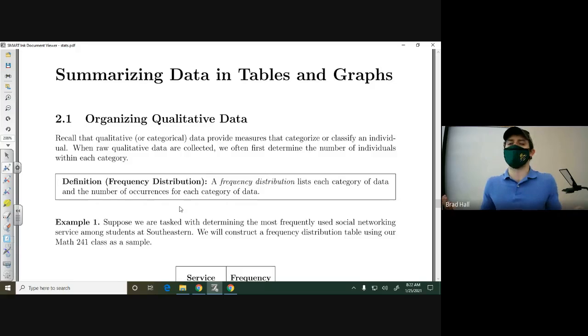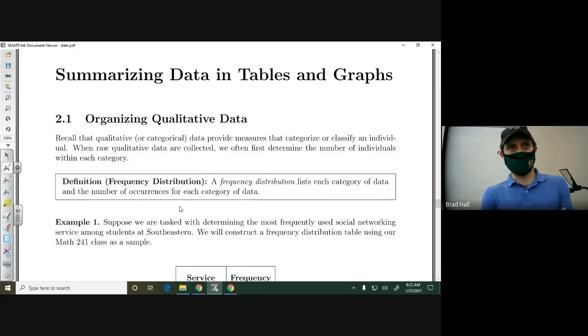We talked about before, gender, zip code, phone number, things that can't be added or subtracted. You can't find the average of zip codes or the average of genders. These are things that are devoid of arithmetic steps or application.